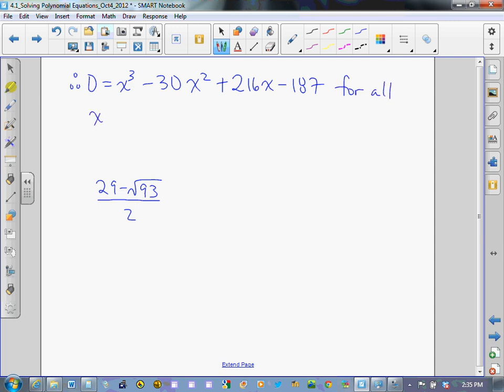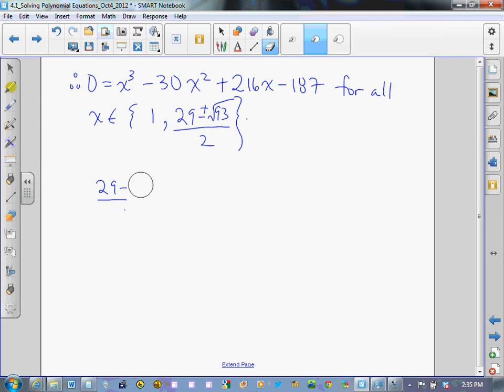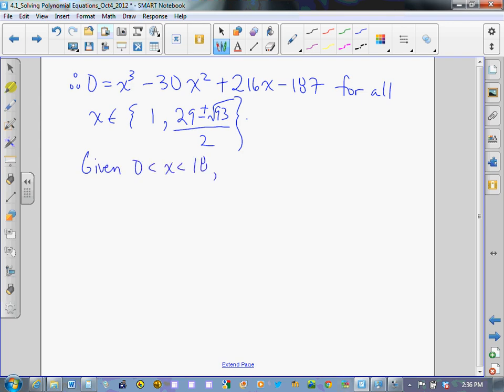So for all x that belong to, so we determined 1, and then we had 29 plus or minus root 93 over 2. But given 0 less than x less than 18, x then gets modified to be another set, a slightly shortened set, so 1 comma 29 minus root 93 over 2.